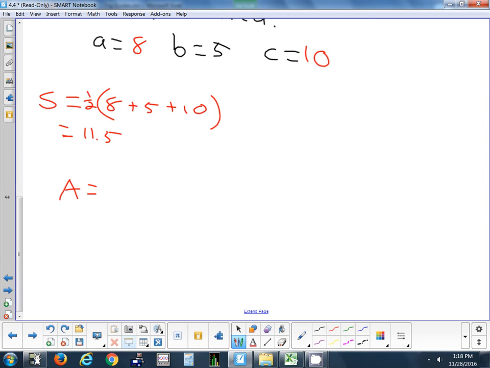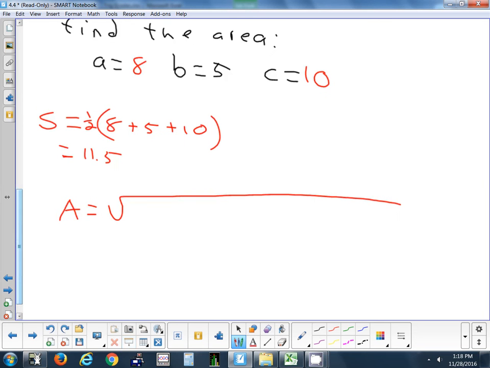Okay, so let's find the area. What's the first thing, Corey, that I put in my formula? S. Yep, and S here is? 1/2. Or is it that whole thing?